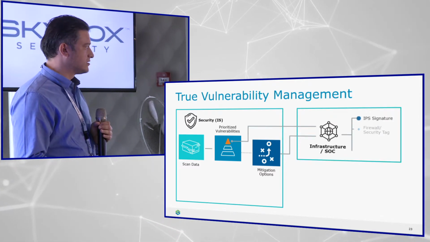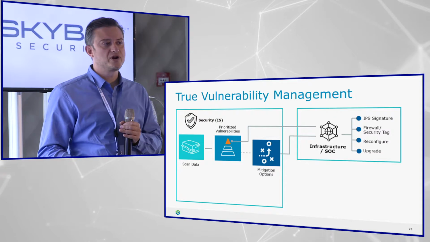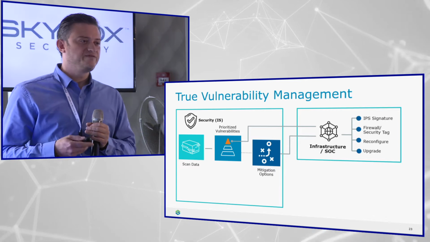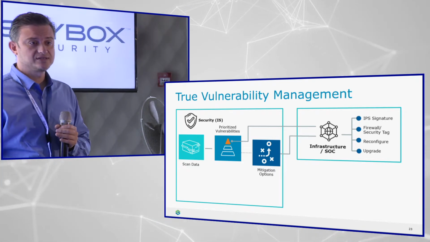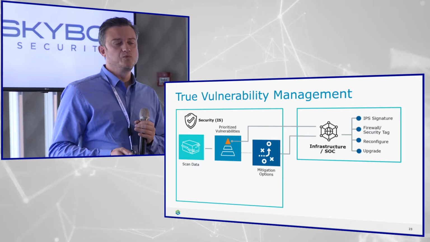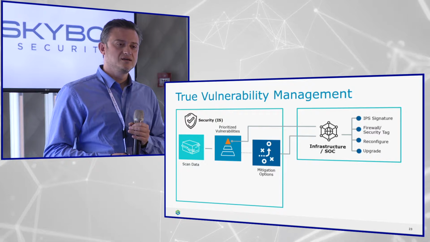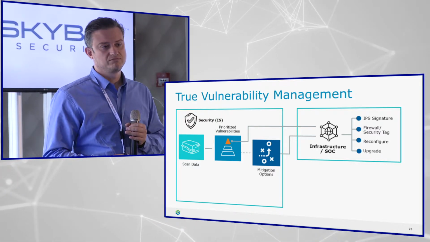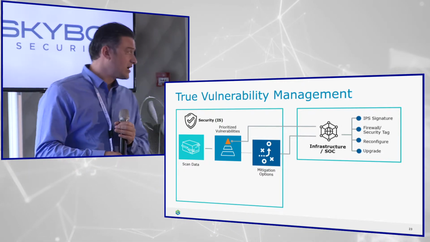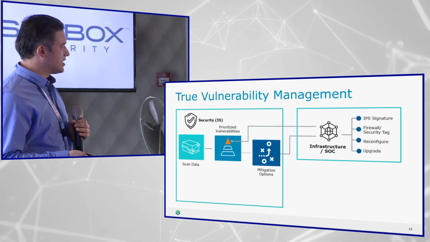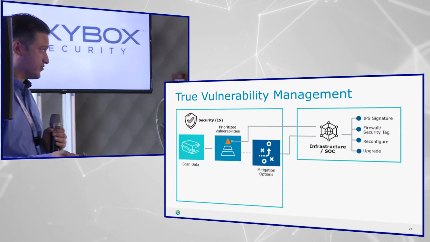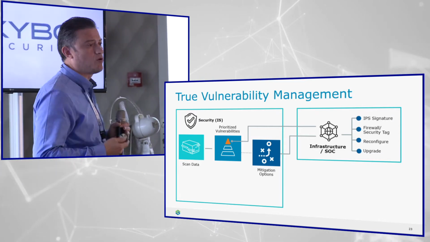The good process looks like this. First of all, prioritize vulnerabilities, then provide mitigation options and move it to the SOC. Do you really want to miss a solution that is not a patch? Or if the patch is not available, what are you doing next? Skybox in that case will provide you additional solutions, like an IPS signature that you can put inside of your IPS, of course, because you missed it, because we are all human.